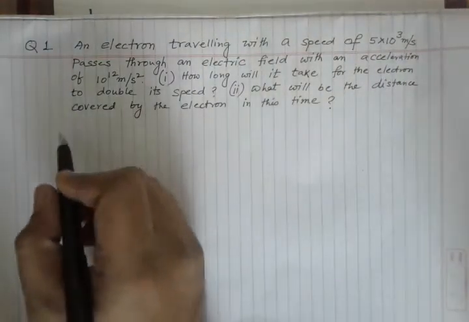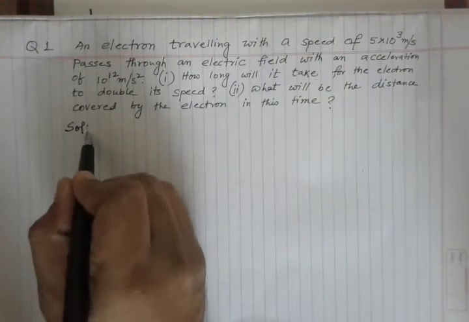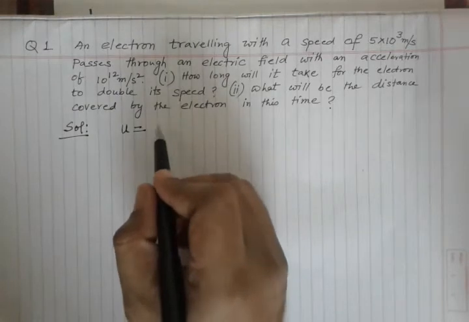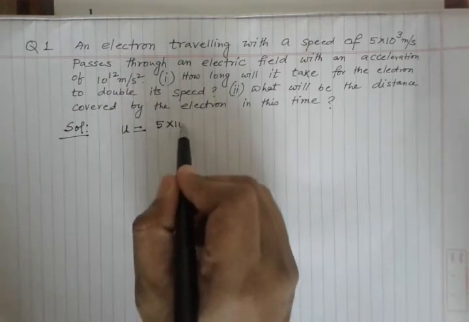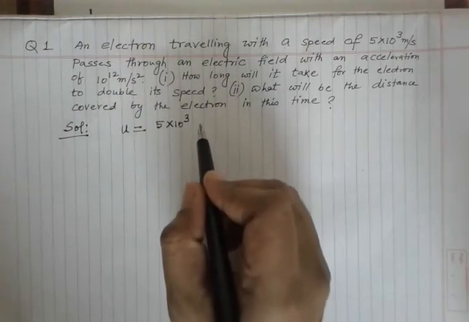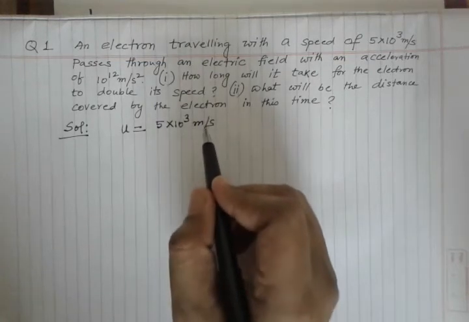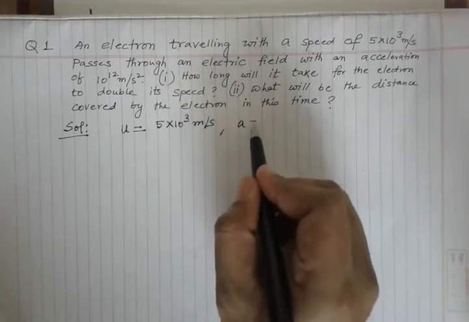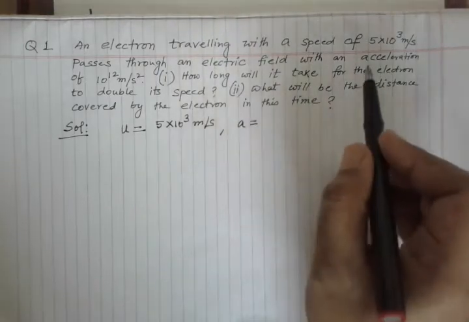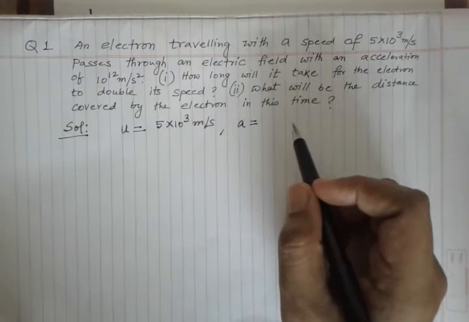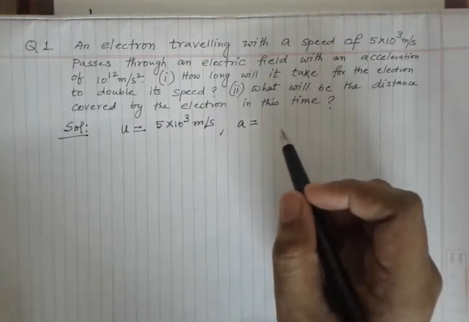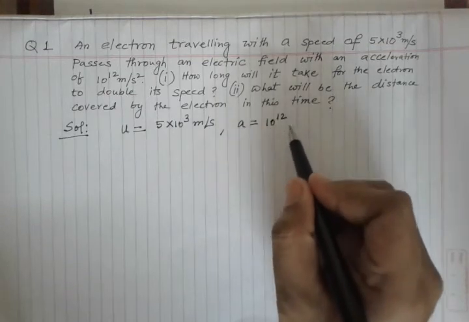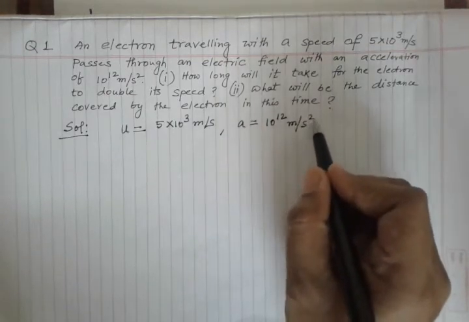So, solution here: u is equal to 5 into 10 to the power 3 meter per second, and acceleration is also given. A is equal to 10 to the power 12 meter per second square.